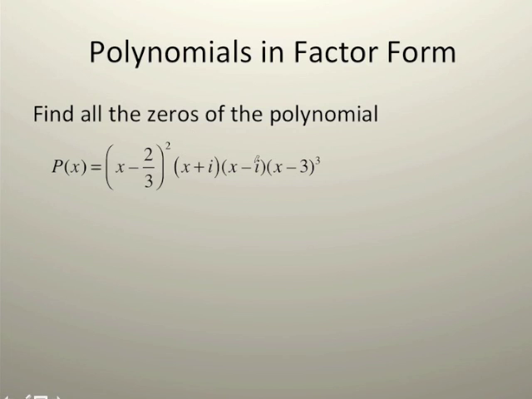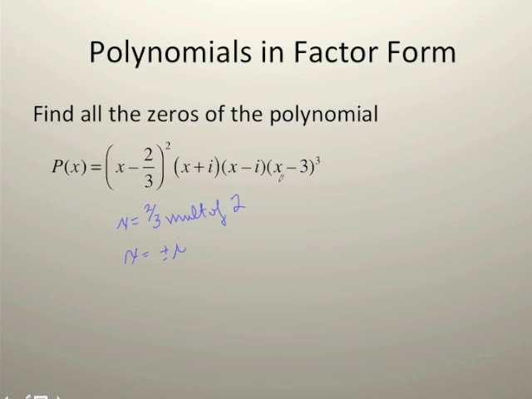Well, this is already in factored form. Here, x minus 2/3, so x would equal 2/3, and that has a multiplicity of 2. x plus 1 equals i, so x equals, and here's a minus 1, so plus or minus i.